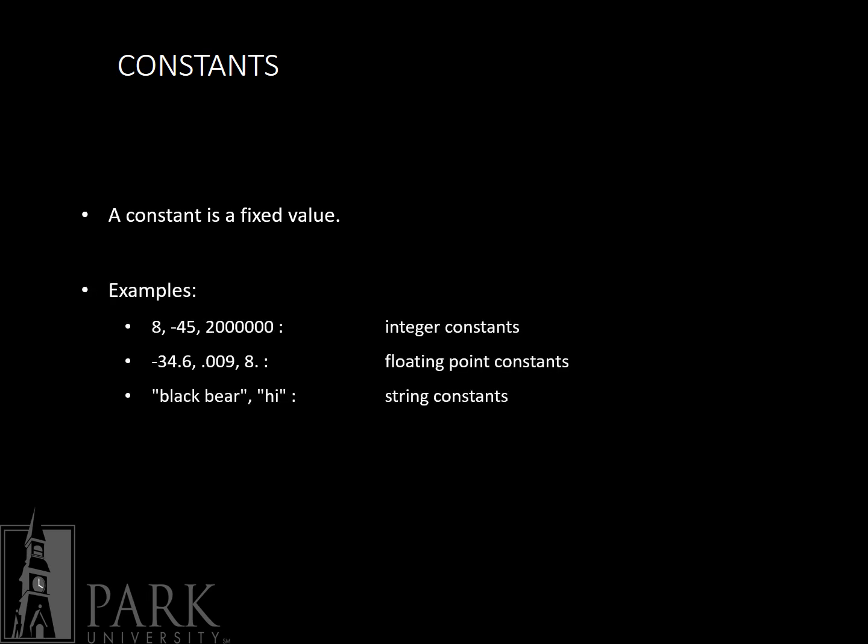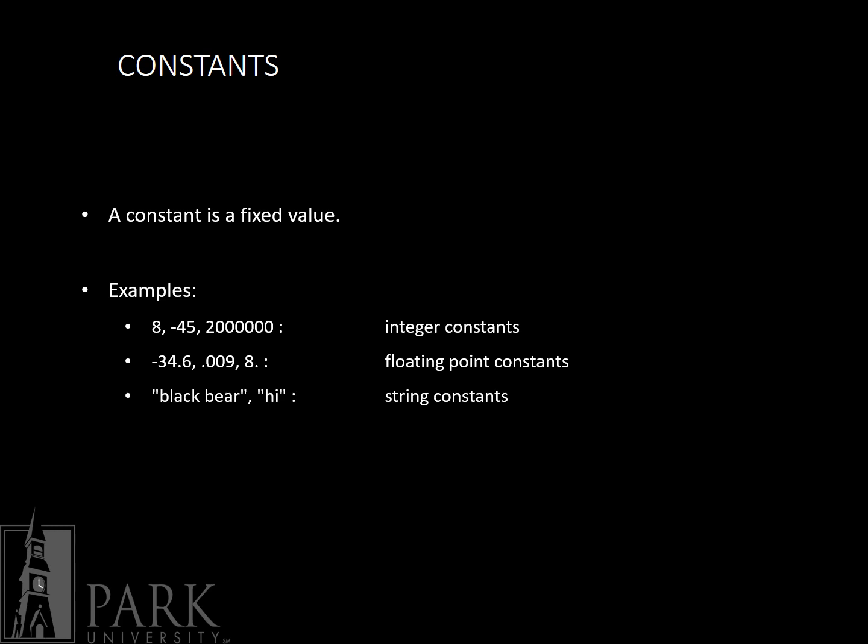Another important concept when working with numbers is the concept of a constant. A constant is a fixed value, or a value that can't be changed during a program's execution. Examples include integer constants, floating point constants, and string constants.